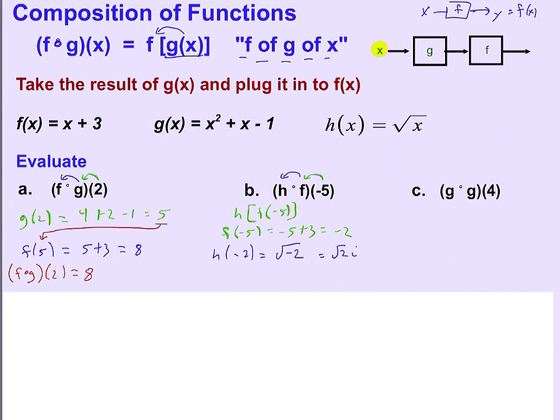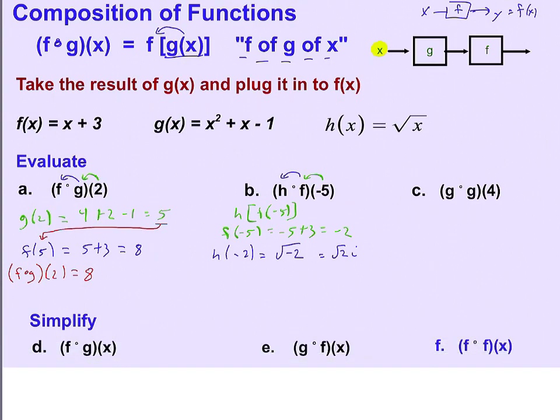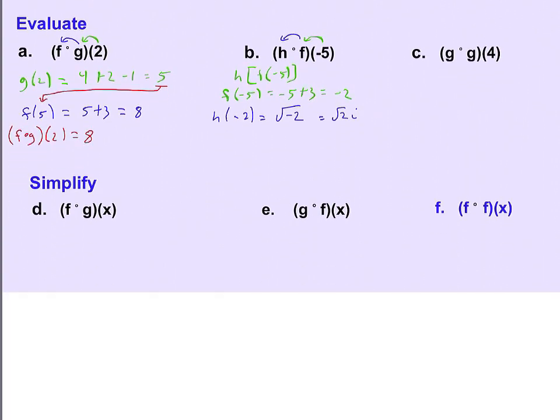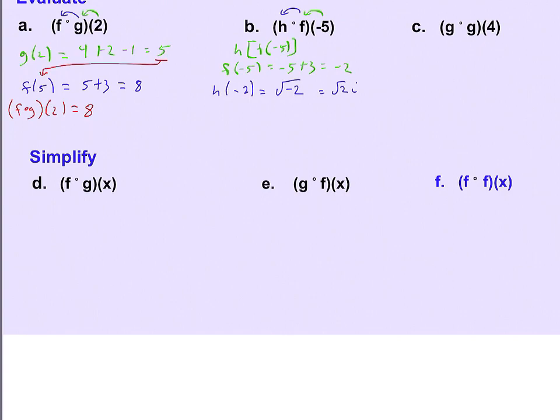Slightly more complicated looking, though not any more complicated really in action, is when you're asked to simplify a composition where you're plugging in an x value and not evaluating a specific number.